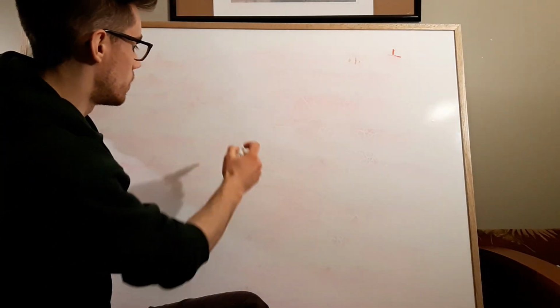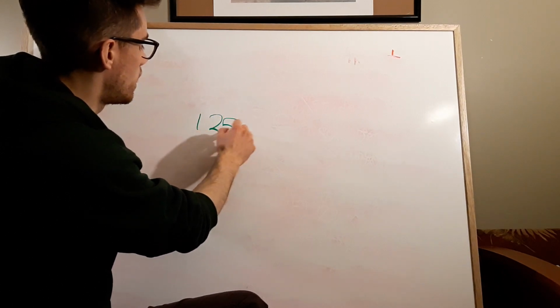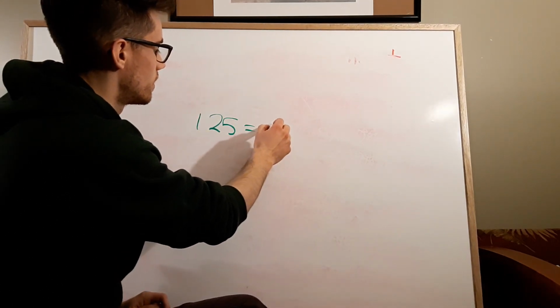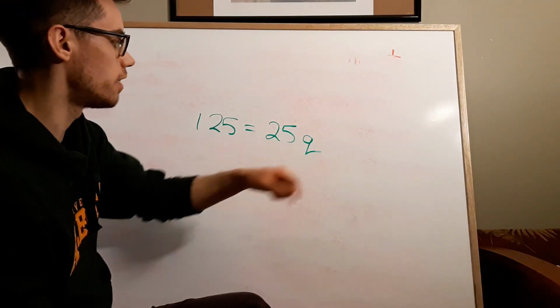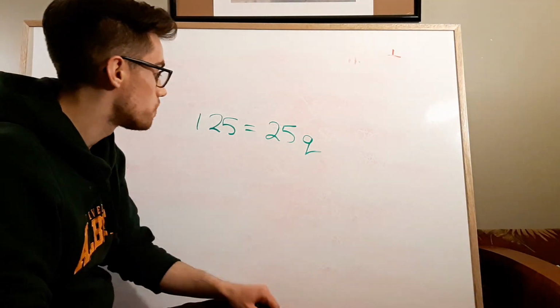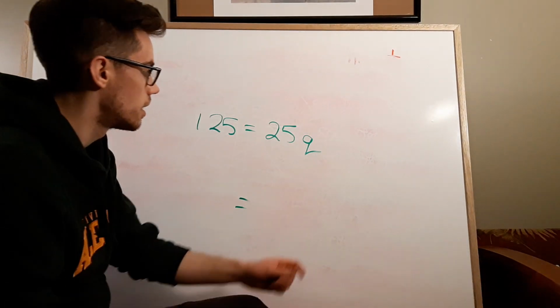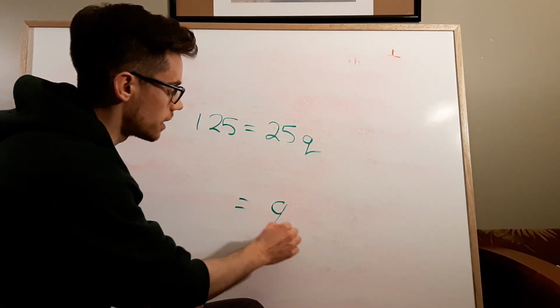How about 125 is equal to 25q. 25 multiplied by q. Well, what's q going to be? I have no idea. But we can do the opposite operation and play with this equation to figure out exactly what it has to be.